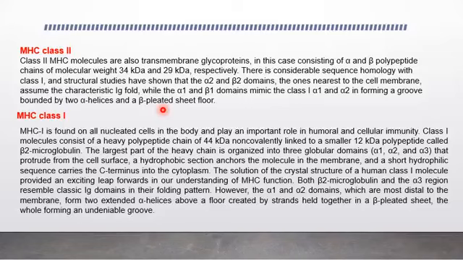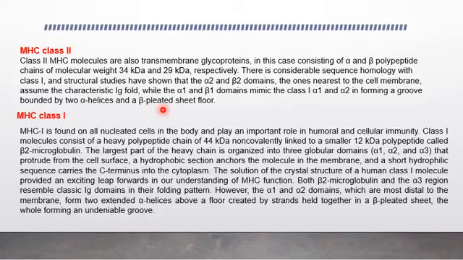So I will explain that in detail in the next diagram about the MHC class 1 and MHC class 2. This is the general information about the structures of the MHC class 2 and the MHC class 1.